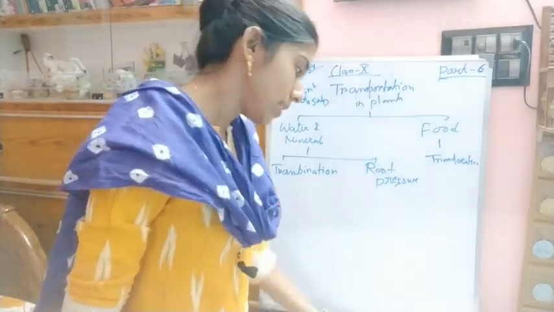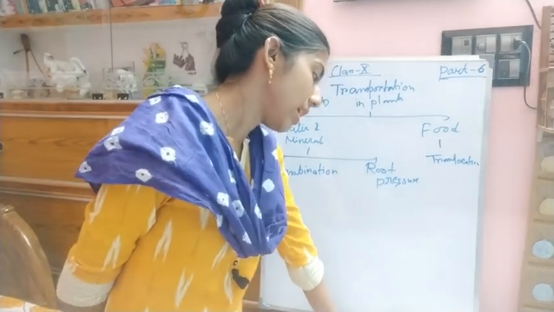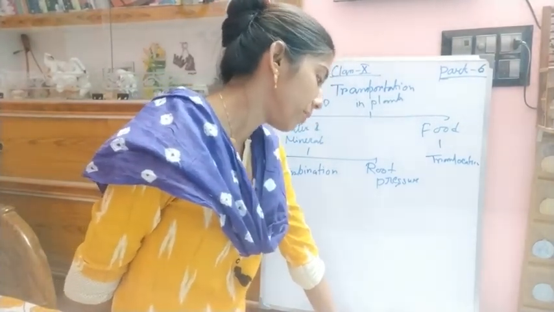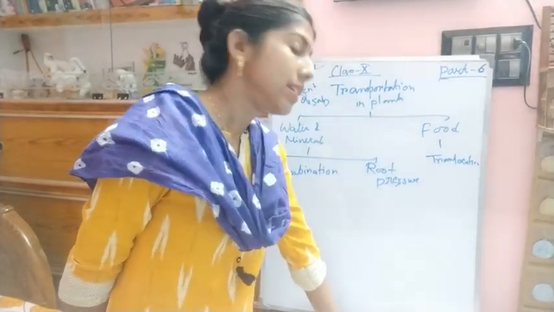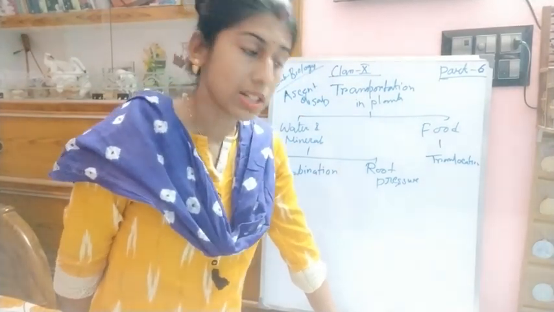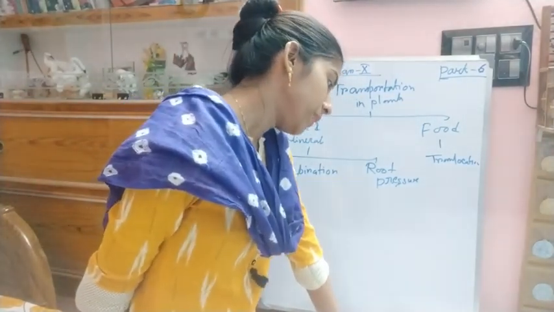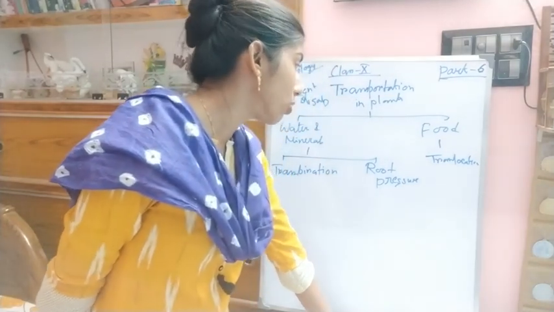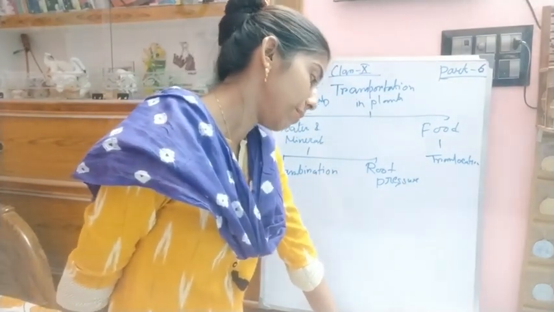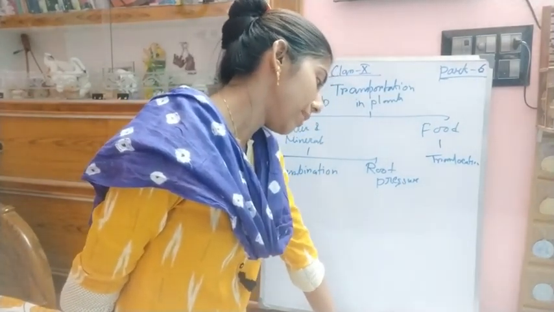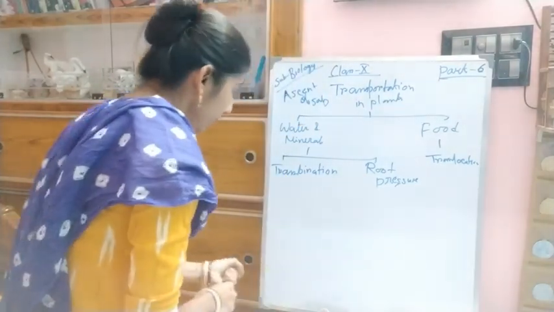So transpiration helps in the upward movement of water and the minerals dissolved in it, from the roots to the leaves, and it also helps in maintaining the temperature.